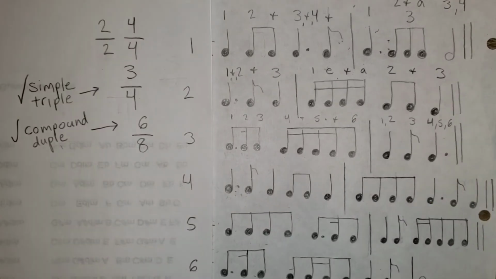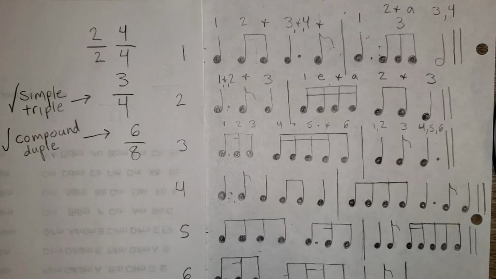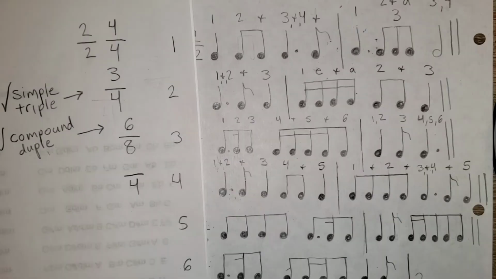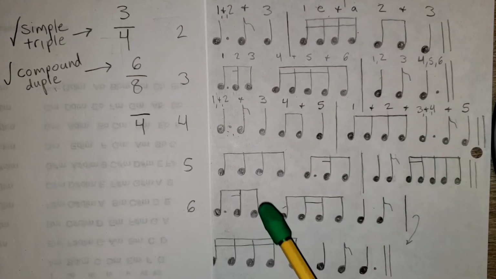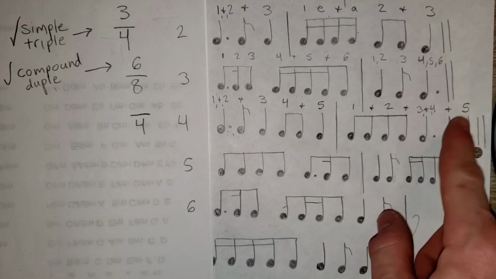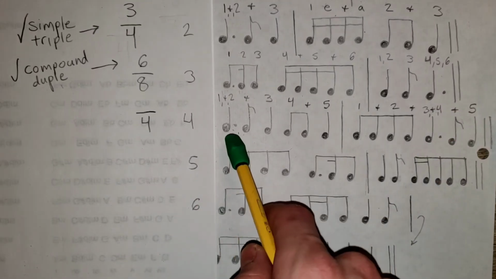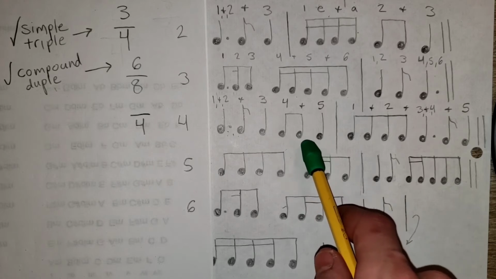Okay, so now moving on to the next one. I see eighth notes, quarter notes, and dotted quarter notes, so I'm going to go with quarter notes this time. Now if we write out how we'd count our quarter notes, we have 5 here, and we have 5 here. Because if we're looking at quarter notes, our eighth notes become and.